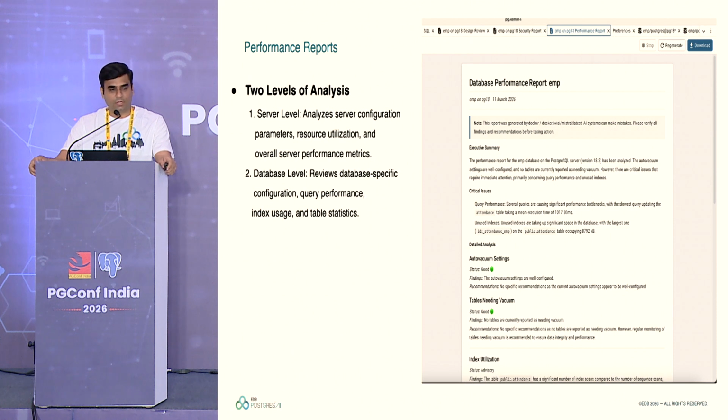At database level, it reviews the database-specific configurations, your index usage, and table statistics, etc. In the image, you can see it is highlighting a critical issue: query performance for several queries is causing significant performance bottlenecks. It highlighted that the attendance table is causing that issue.